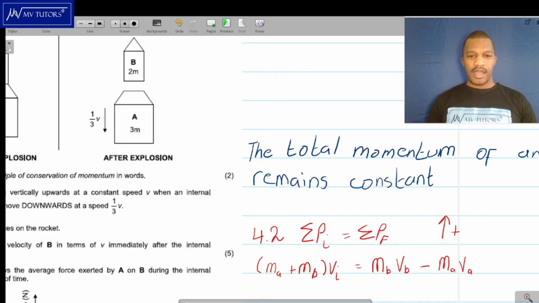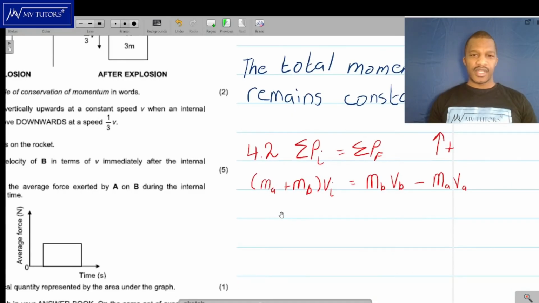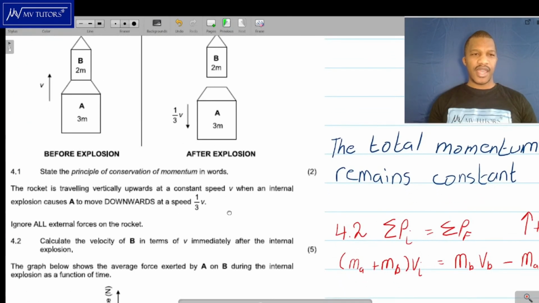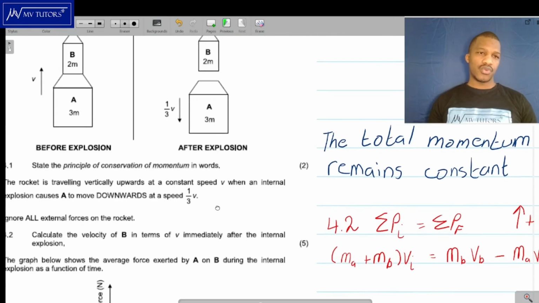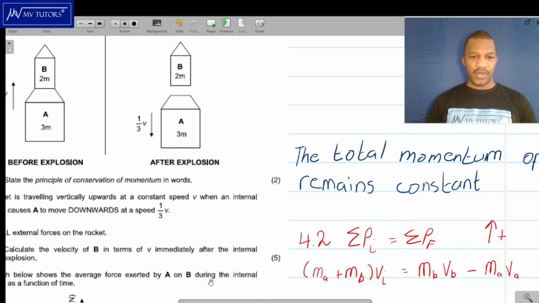Okay, now we need to take a look at what we have. Did they tell us what mass A was? Let's check that out. So mass A is 3m, mass B is 2m. Let's just fill that in quickly while we're still here.